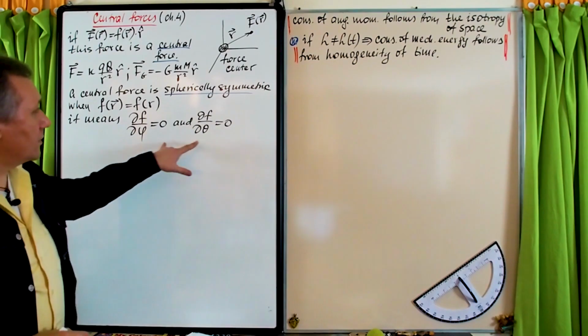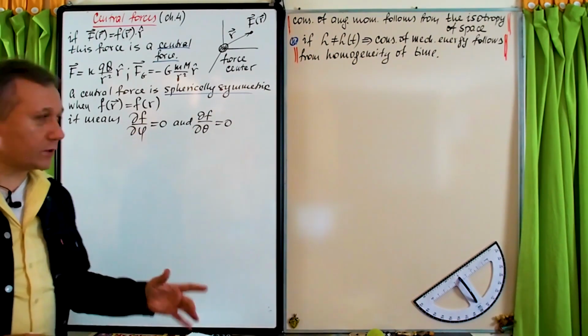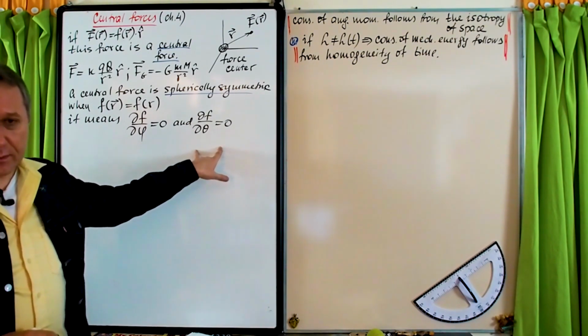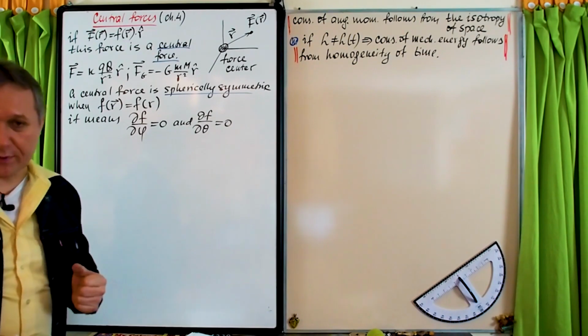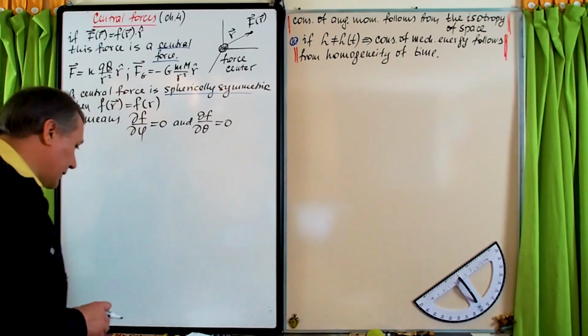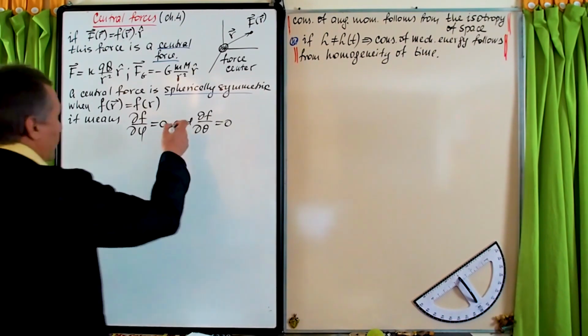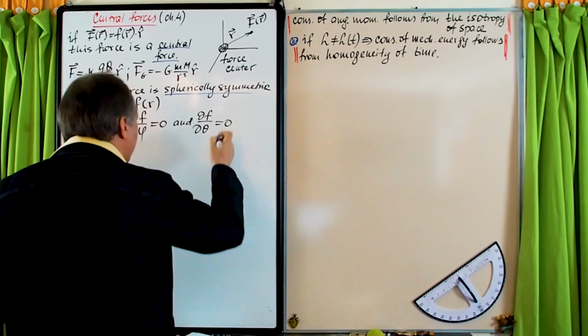Basically, these two conditions are used as a test to convince ourselves that this or that central force is spherically symmetric. So if the partial derivative with respect to theta is 0, and with respect to phi is 0, then, okay, let me write.